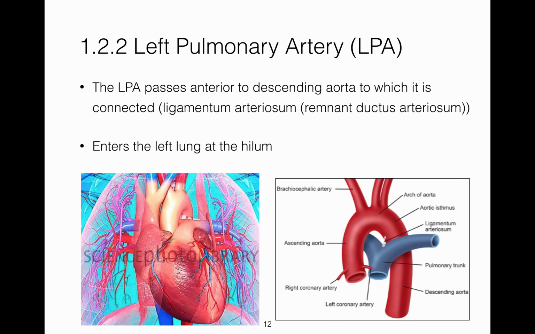The left pulmonary artery branches from the main pulmonary artery and passes anterior to the descending aorta, to which it is connected by the ligamentum arteriosum, that is the remnant ductus arteriosus. The left pulmonary artery courses leftward and enters the left lung at its hilum.